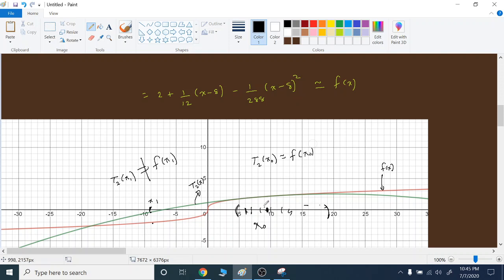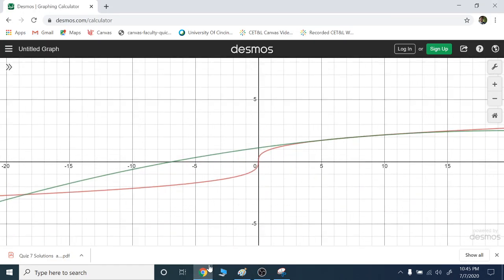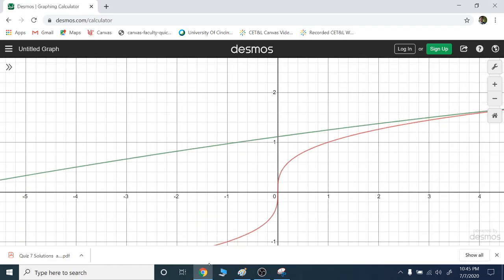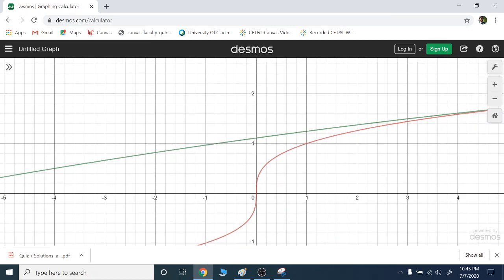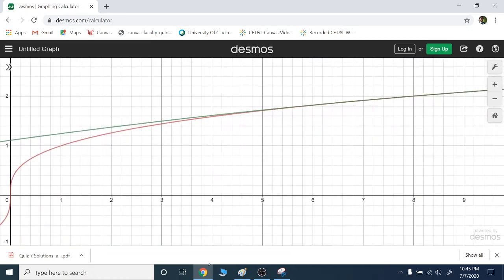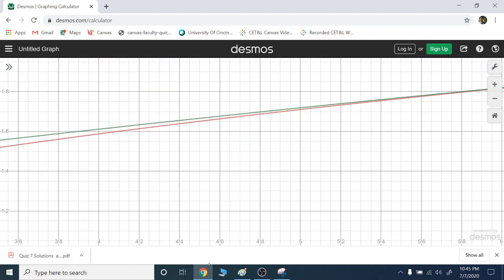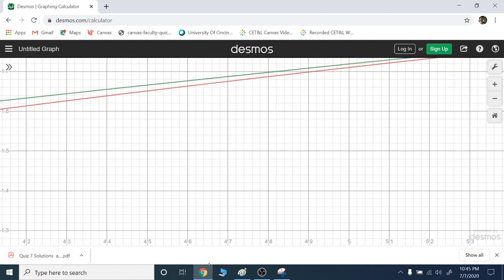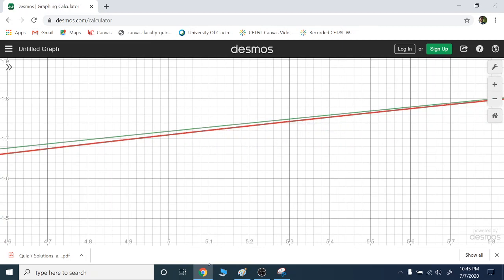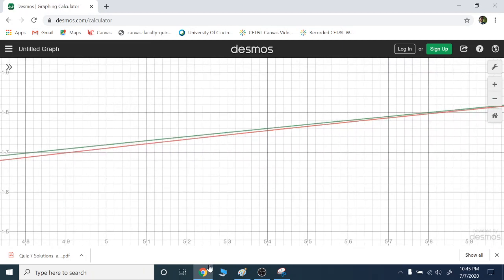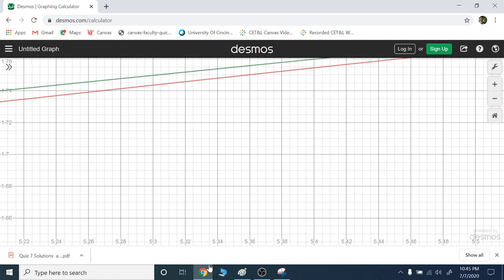So even in the graph you can see that it has a very good approximation. But if we keep on zooming in, it is not exactly equal. See, here you have some sort of a difference. When you zoom in, you can see that difference, but it's not a very big thing.